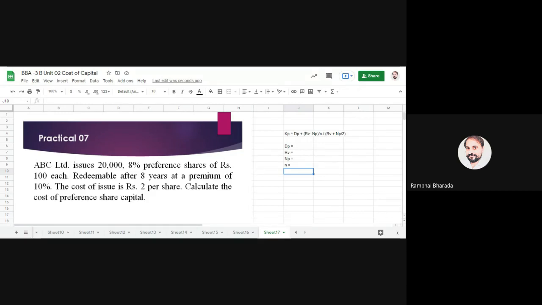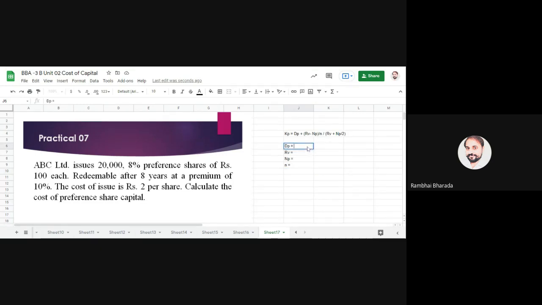Can you tell me here 8% preference means what? The rate of dividend is 8%. If I say 8% loan, it means interest paid on loan is 8%. So here the percentage before that particular capital represents the rate of that capital, whether it is rate of interest or rate of dividend.